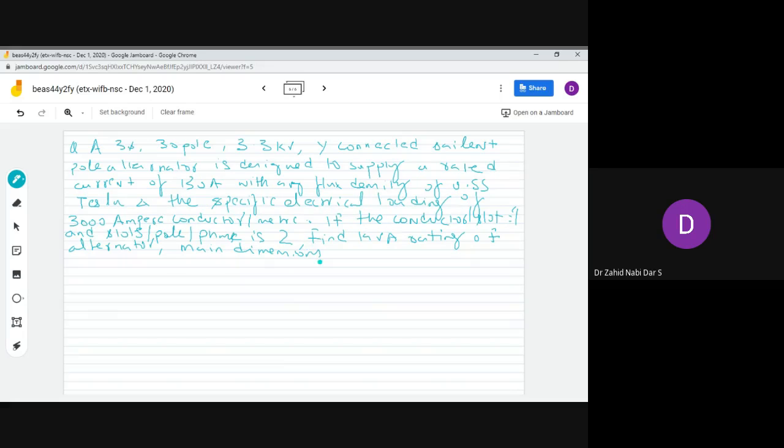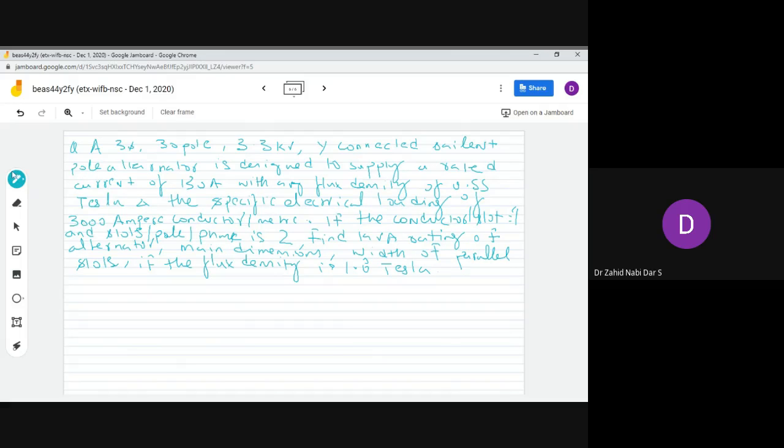You have to find the width of the parallel slots. Then if the flux density is 1.8 Tesla.